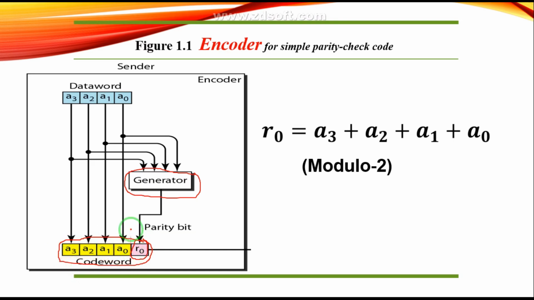And remember, the parity bit that is added makes the number of ones in the code word even, because we are going to see the example of even parity.